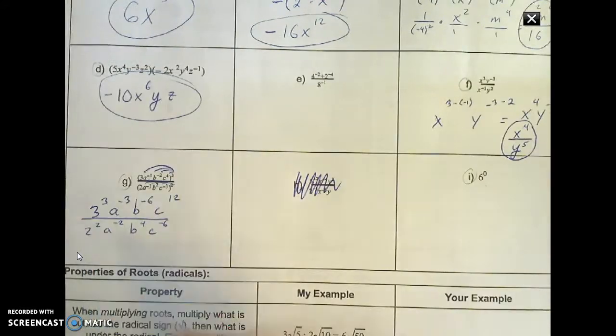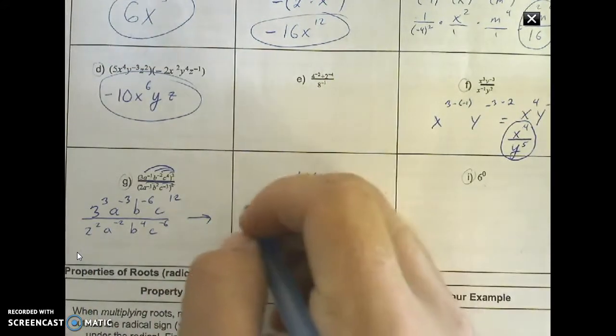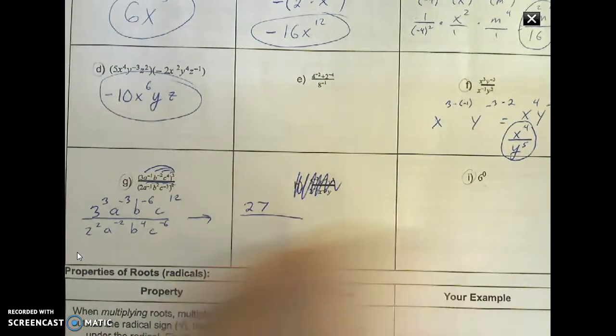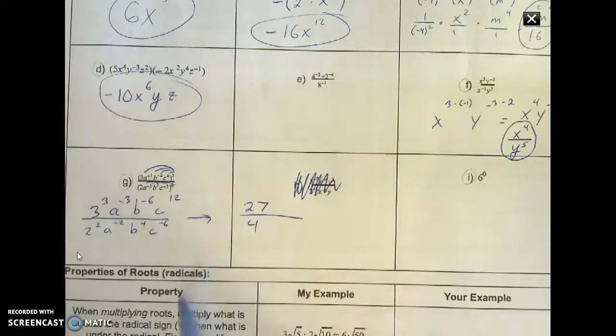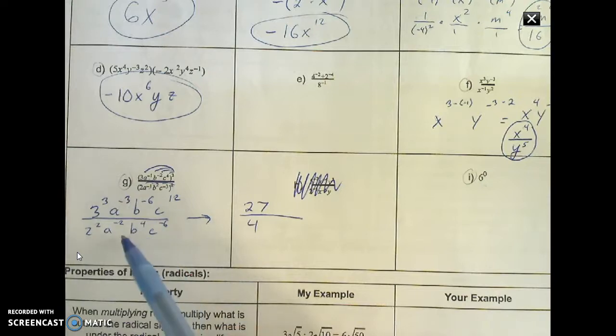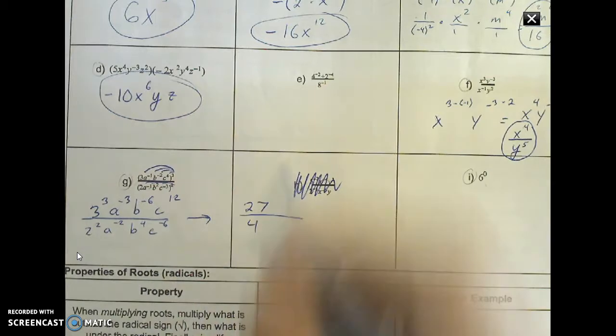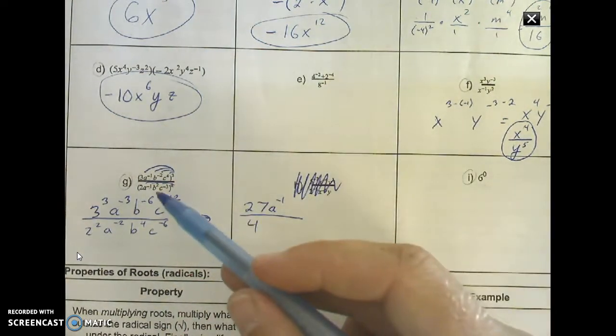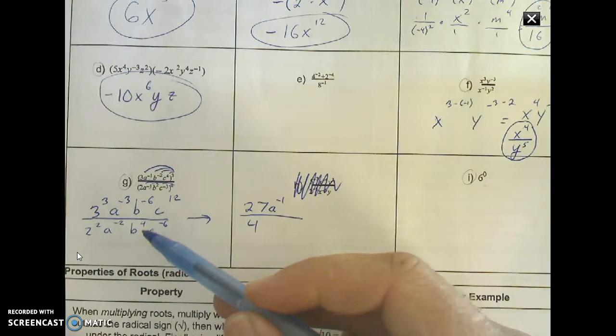3 to the 3rd power is 27. 3 times 3 times 3. And then on the bottom we have 2 to the 2nd, which is 4. So look what I'm going to do here. Top minus bottom. Negative 3 minus negative 2. Since minus negative becomes plus, negative 3 plus 2 is negative 1. Negative 6 minus 4, negative 10.